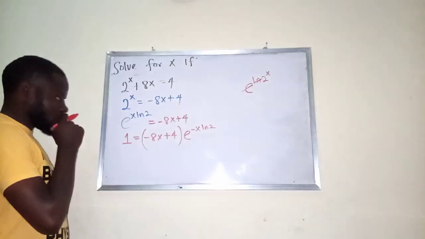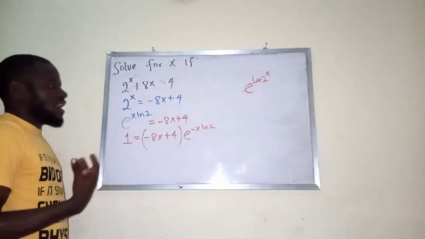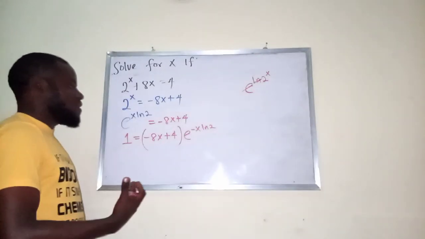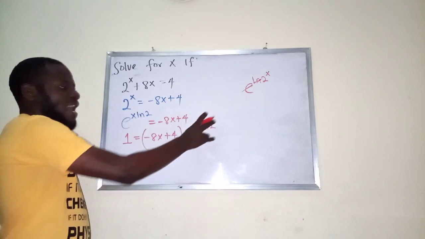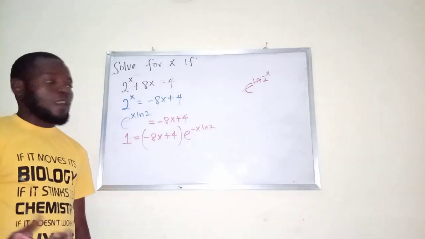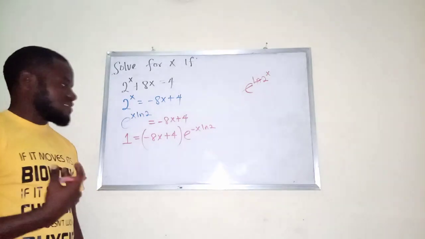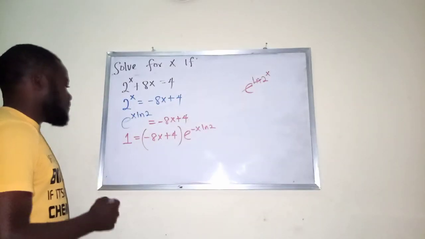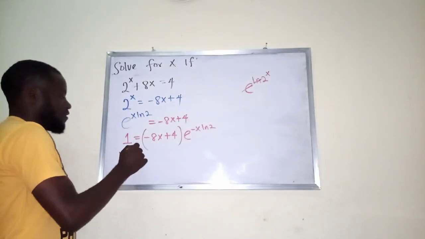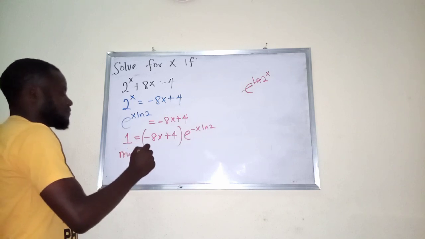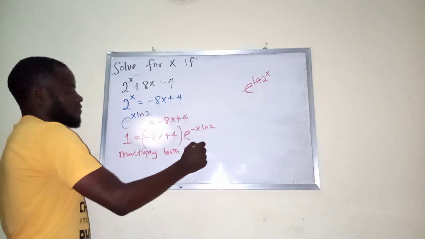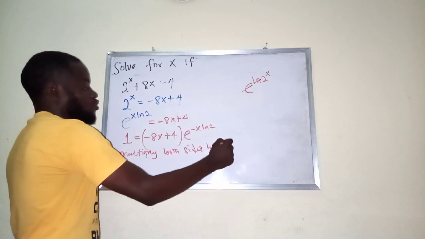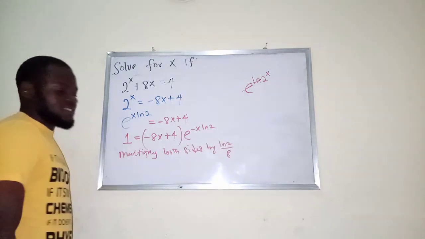Good. Now, the next thing is, how am I going to make this particular function here look like what I have here? That is the next aim now. But before I get that, I can decide to multiply both sides by ln 2 over 8.